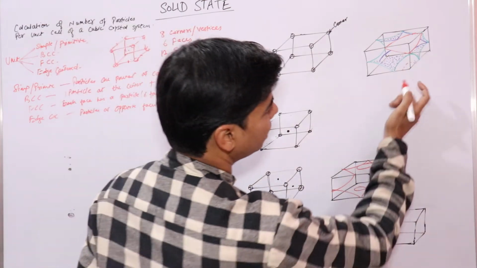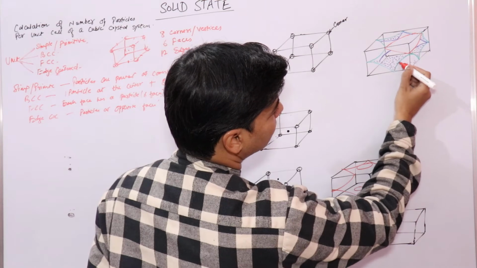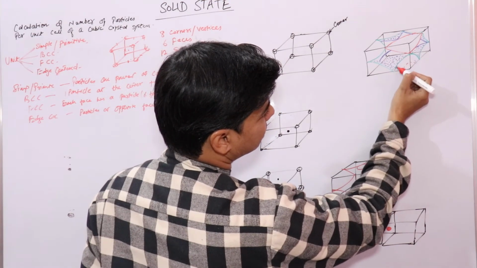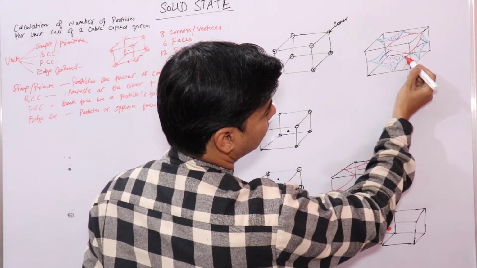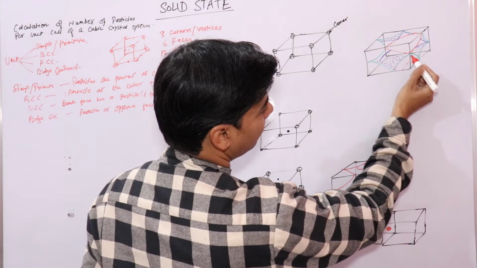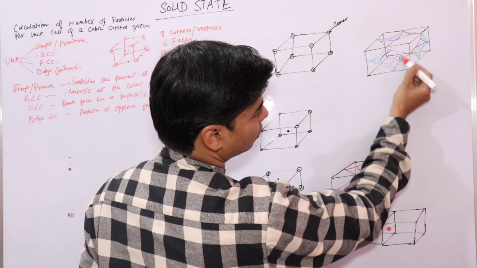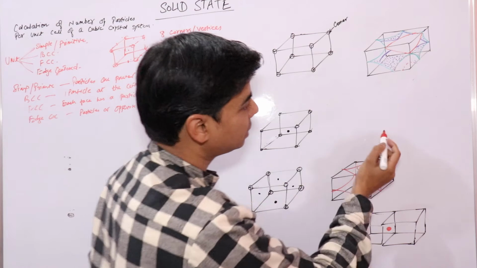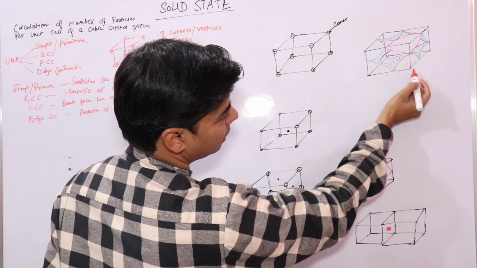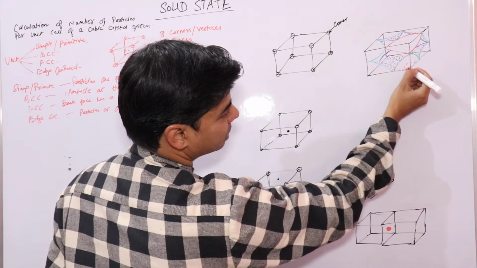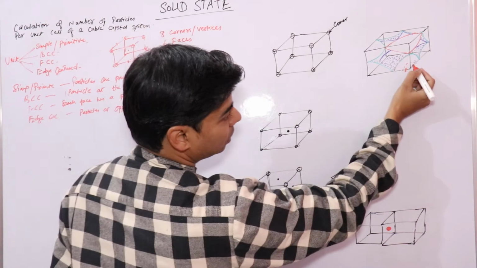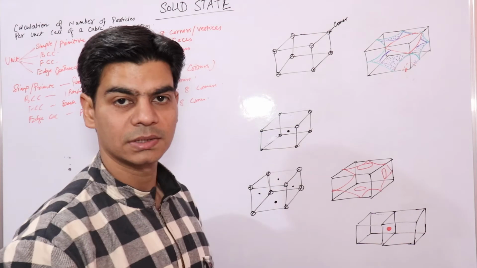Let's find out how many they could be. If you look at this corner, this unit cell has this corner. So one unit cell must be touching it from this direction, and another unit cell must be touching it from this direction.